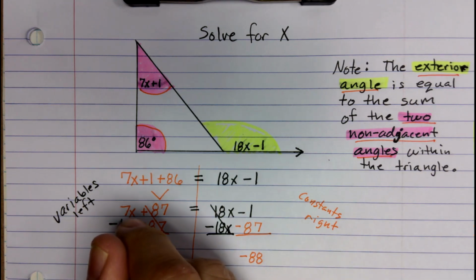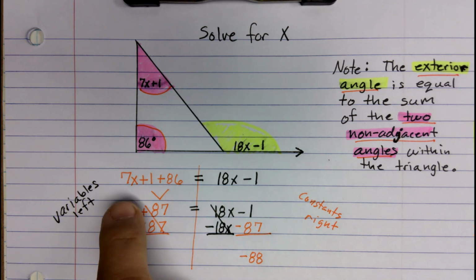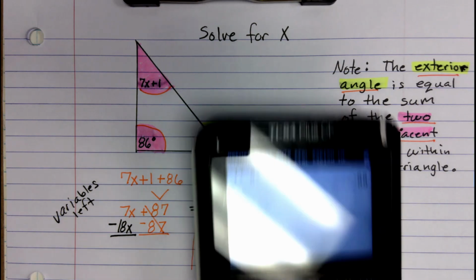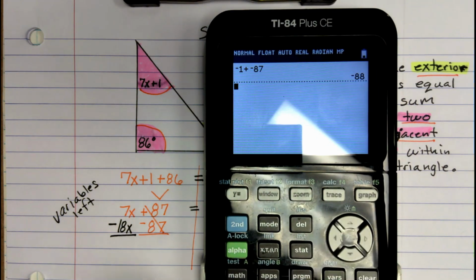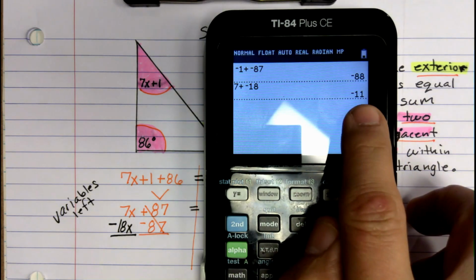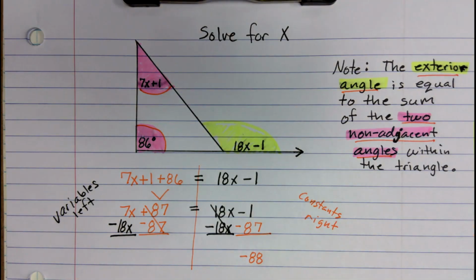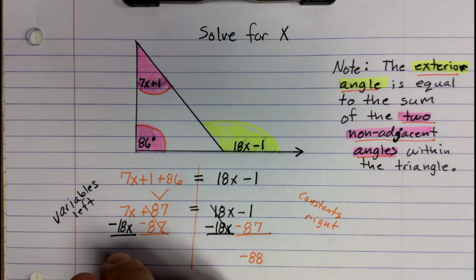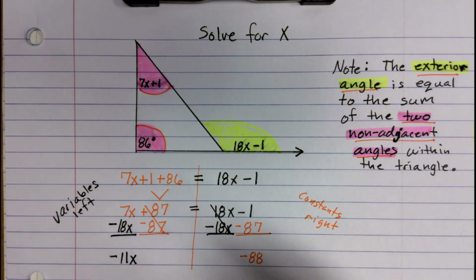Then I'll subtract 18x from the left side. Now I have 7x and negative 18x. I'm going to combine those terms, so I'm adding 7 plus negative 18 to see what it gives me. Notice it gives me negative 11, so this is going to be negative 11x.